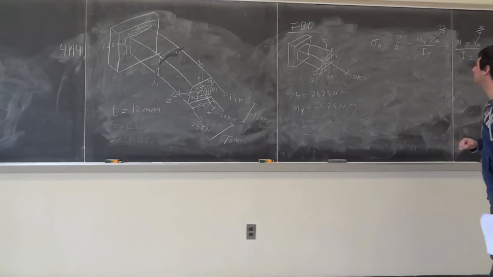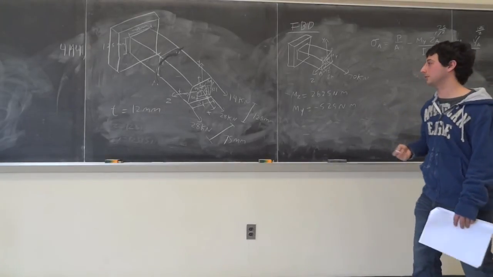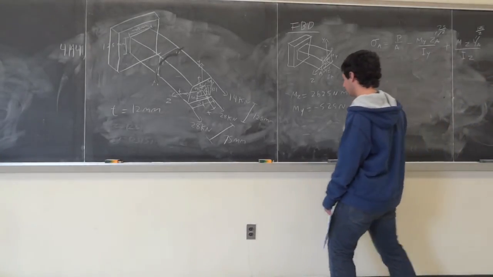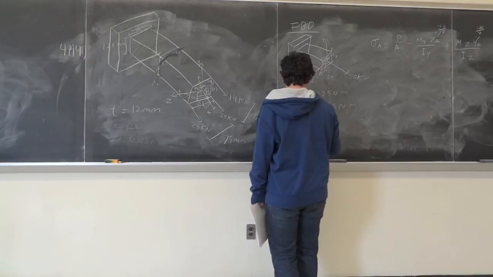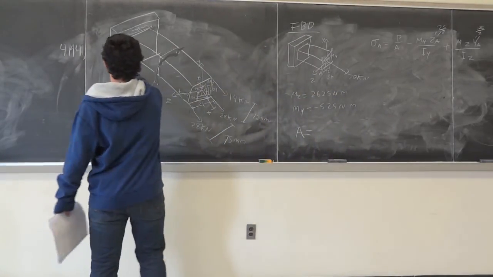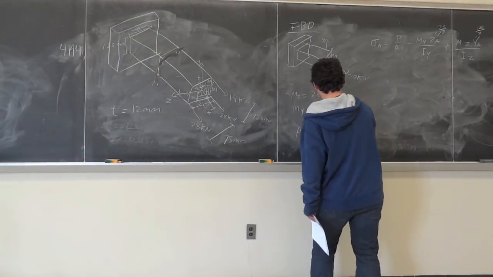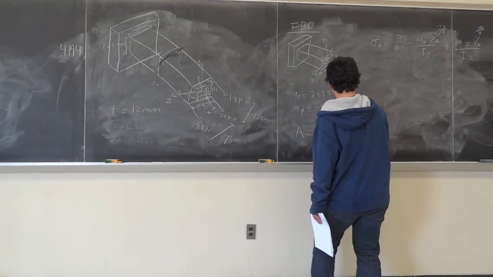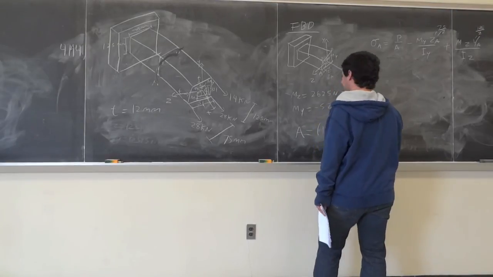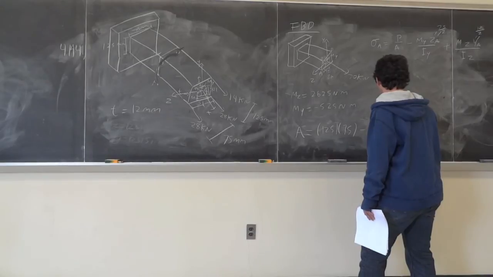Okay, and we have to calculate the cross-sectional area too. That's the only term we're missing. So what's A in this case? This is just a rectangle, so it's 125 times 75, and then you have to subtract out the hollow section, so it's minus 51 times 101.